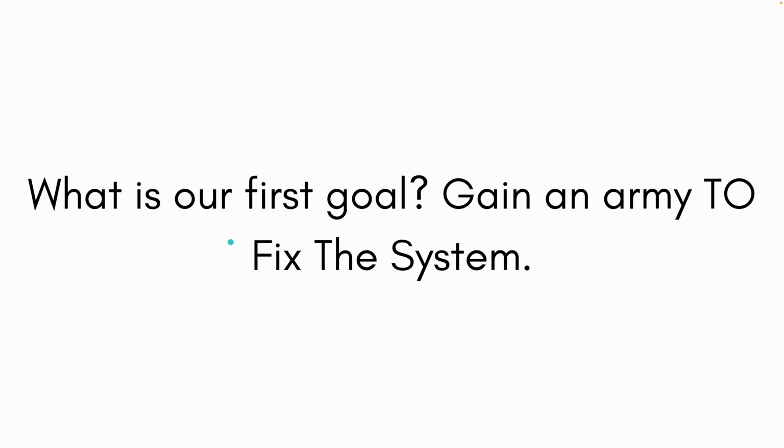So what is our first goal? Let's take the example of a story of a man named John. He was ambitious when he was a kid. In this story, he became a terrible person after, but he was ambitious when he was a kid, right? And he wanted to fix the system. So he wanted to build a company to fix the system.